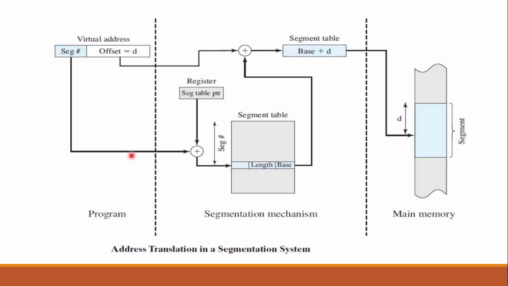It is almost the same as the page table. The segment number is matched with the segment table, and we get the length and the base address of the segment, which is then added with the offset. So we get an actual physical location in the main memory, which is our desired physical address.